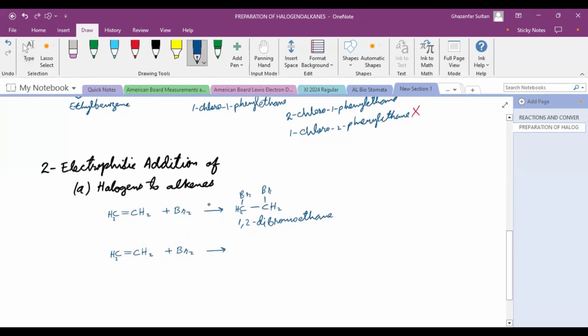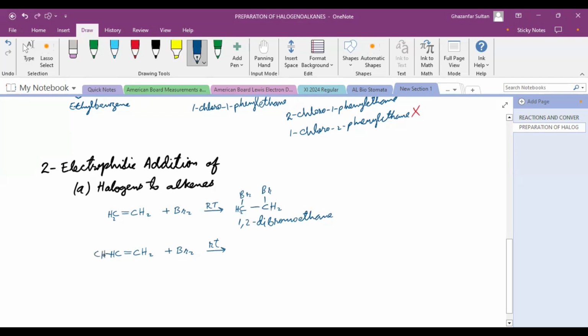And remember that no heat or other conditions are required. It occurs at room temperature. RT is represented in capital or small letters, or even if it is not written, then you can understand what's going on.